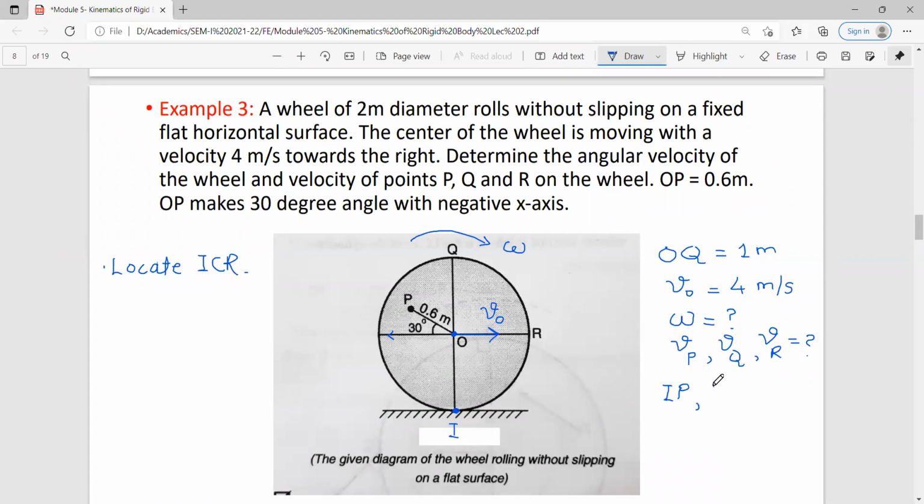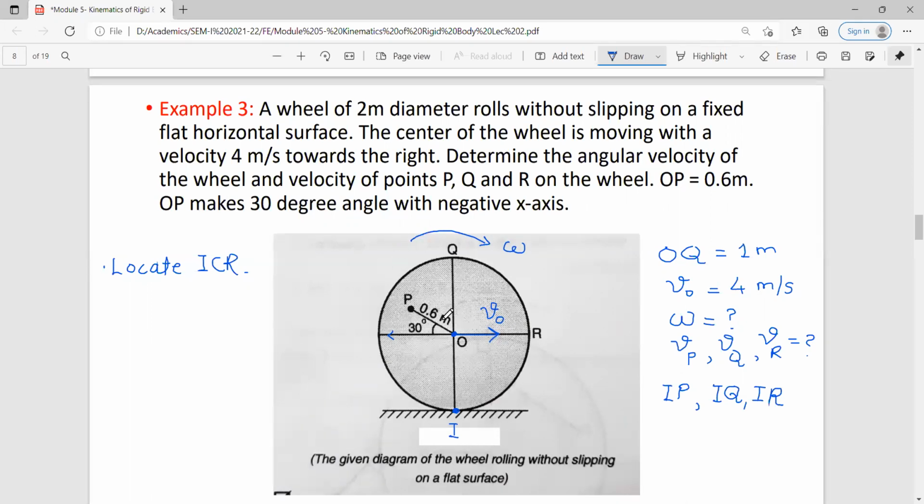We will find out the radius of point Q, that is IQ, and the radius of point R. Once ICR is located and all the radii we know, then it is just a matter of one formula, V equal to R omega. You will be knowing all the values.